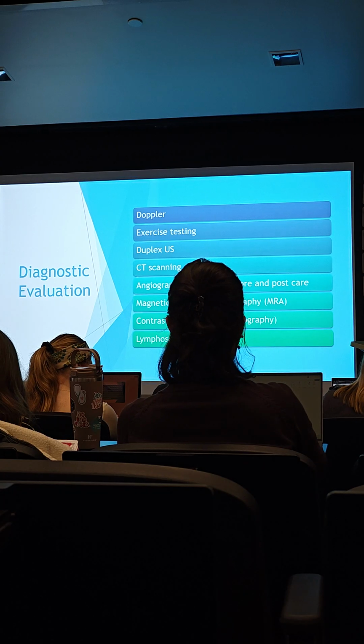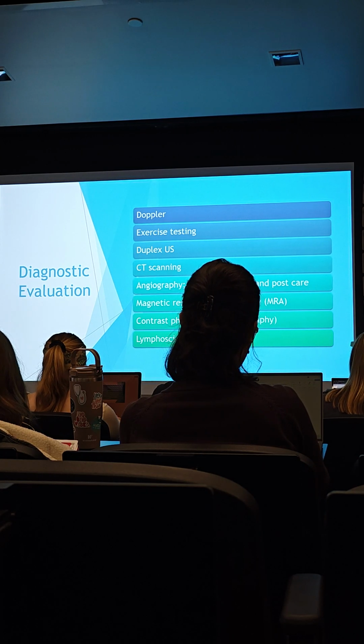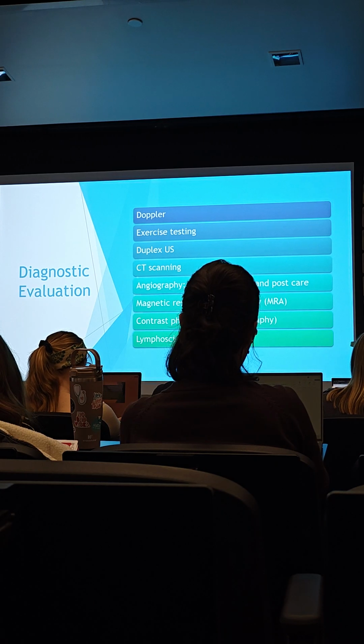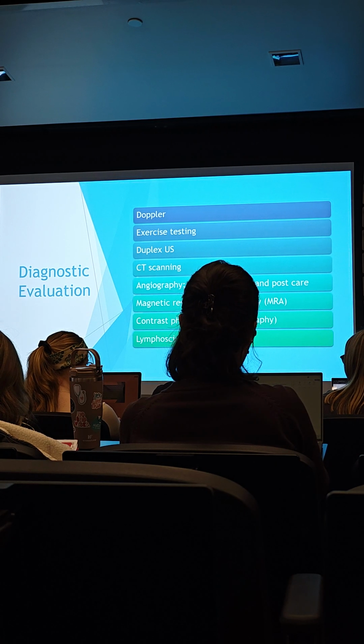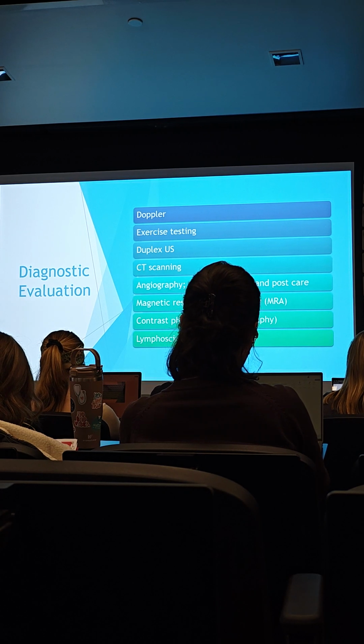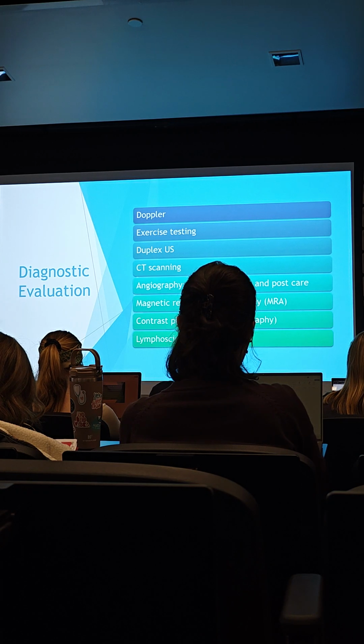And then we can take something called the ankle brachial index. We'll talk about that in a minute. I have a video. And we look at normals for that, and it tells us the extent of disease.